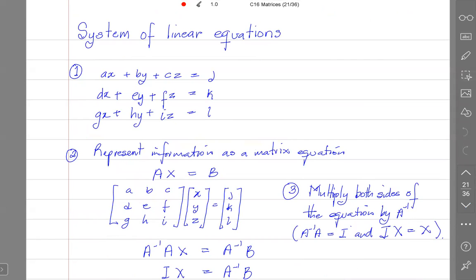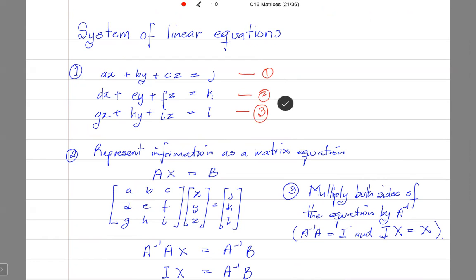So in this section, we're looking at how we use matrices to solve a system of linear equations. Here we have our three equations: equation 1, equation 2, equation 3.